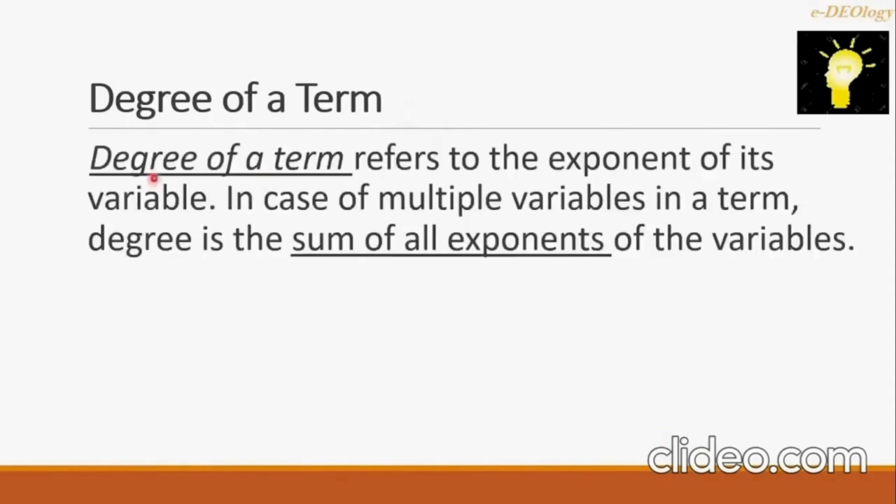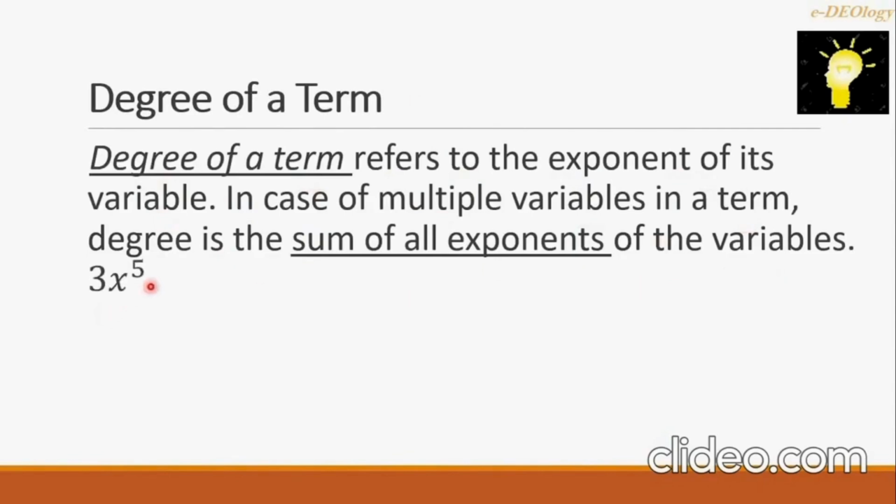Let's go now to degree of a term. As defined, degree of a term refers to the exponent of each variable. In case of multiple variables in a term, the degree is the sum of all exponents of all the variables.